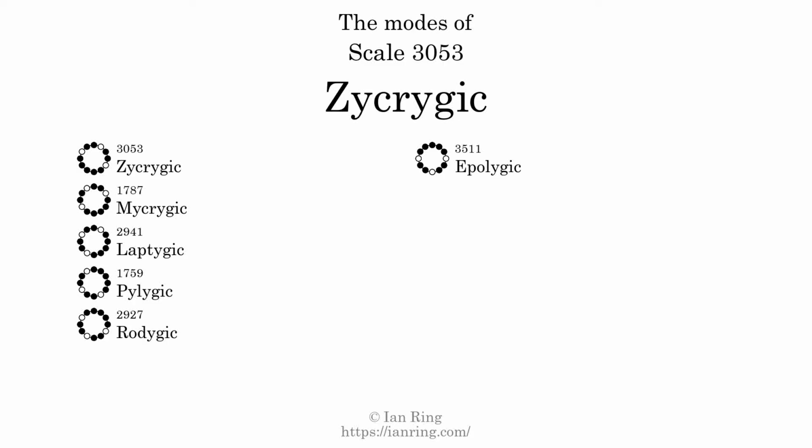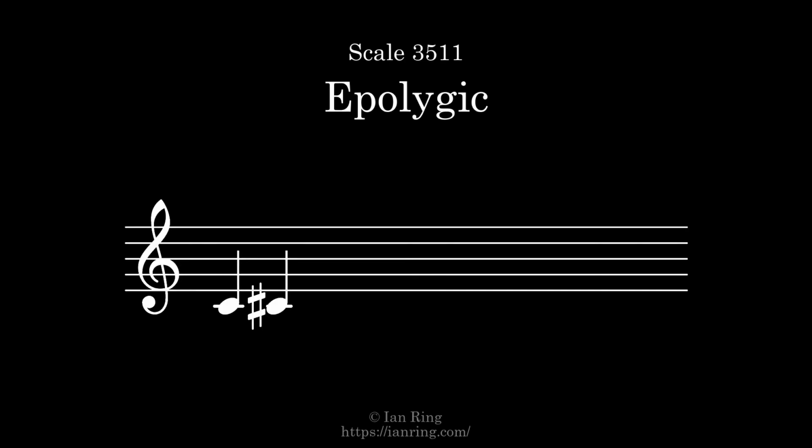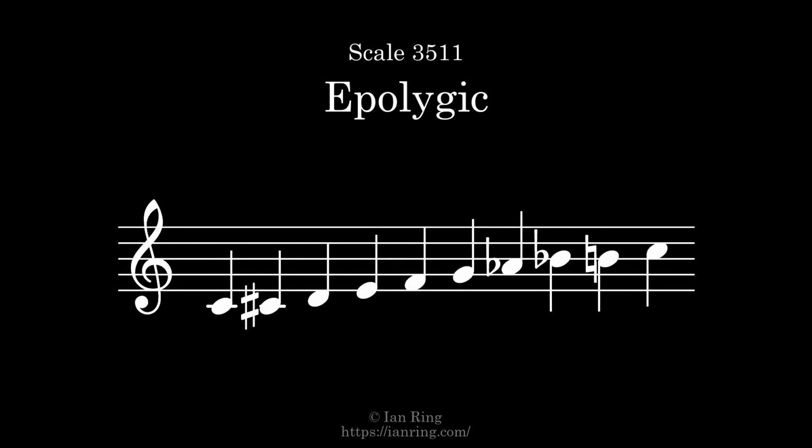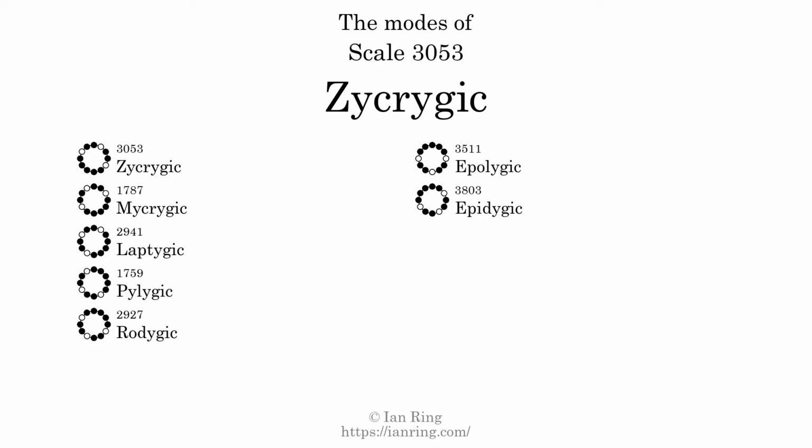The sixth mode is scale 3511, also known as Zycrygic. It sounds like this. The seventh mode is scale 3803, also known as Zycrygic. It sounds like this.